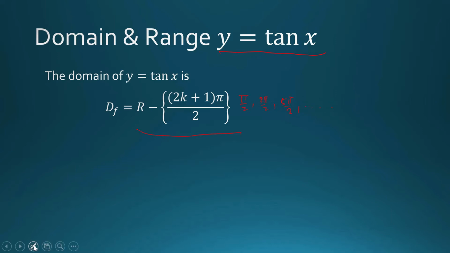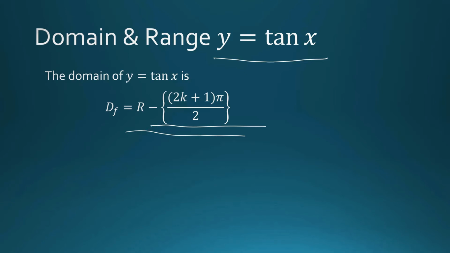These are the odd multiples of pi over 2. So that is the meaning of this notation. The domain of y is equal to tangent of x is the set of real numbers except this. What is the range? This is the range. It's the set of real numbers.